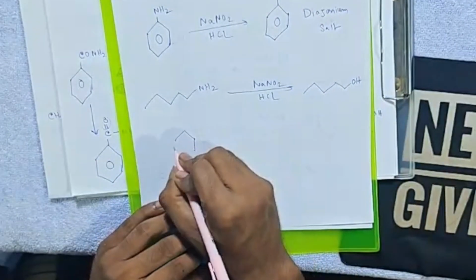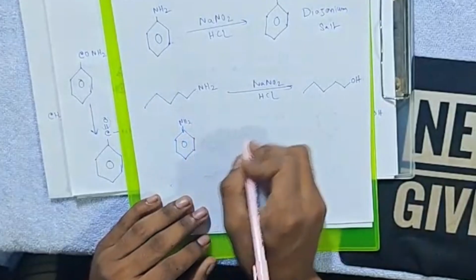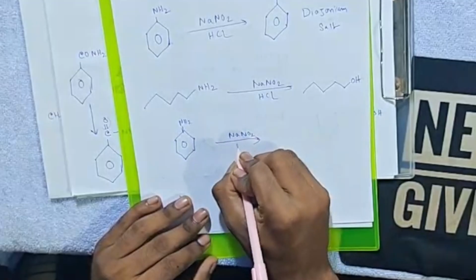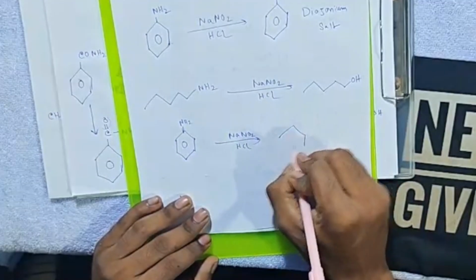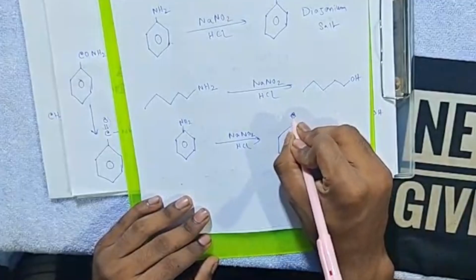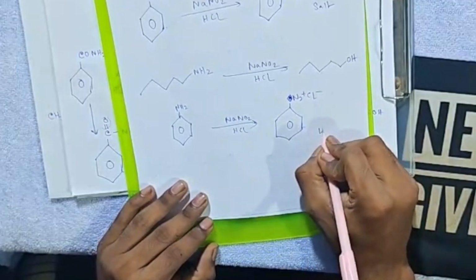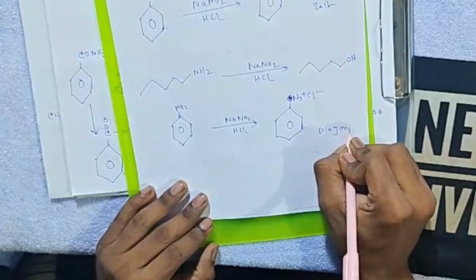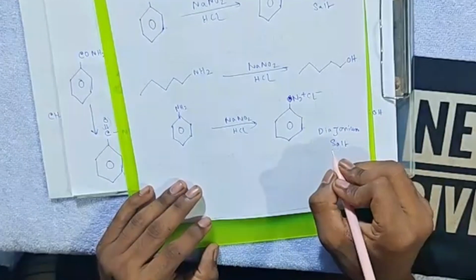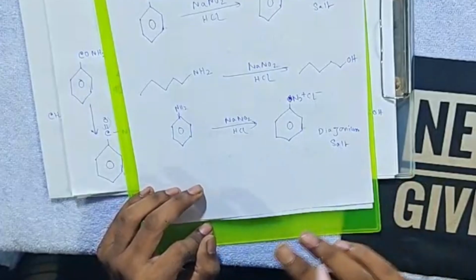But in case of benzene, when NH2 is on benzene, that time if you give NaNO2/HCl, it forms N2+ Cl-. This is diazonium salt. Means when NH2 was present in an aliphatic chain, only the NH2 is removed and OH attaches.